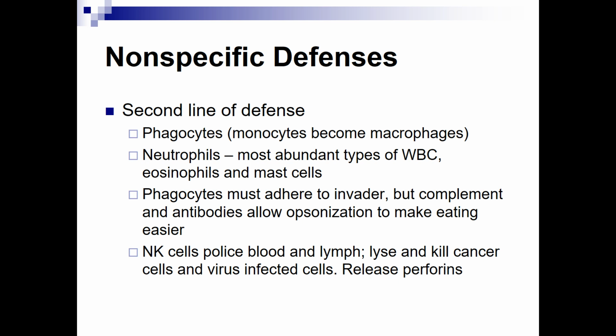We'll also discuss their functions that will allow a process called opsonization to take place. And what opsonization actually means is to make tasty. And what opsonization does is provide handholds for the macrophages to bind to. So once the complement proteins or the antibodies bind, then the macrophages can come along and bind to them and then eat up whatever they're eating.